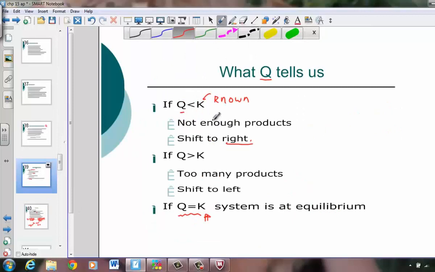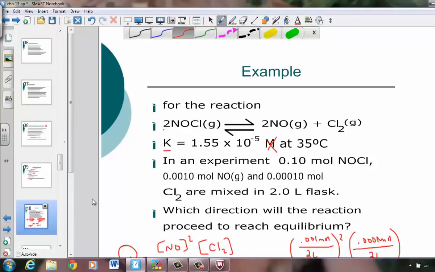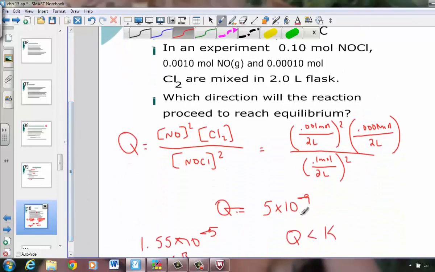Remember, if Q is smaller than K, we don't have enough product, so it's shifting to the right. It needs to make more product to get that number larger. We need to make more product, make the number up here larger to get the Q in line with the known K.